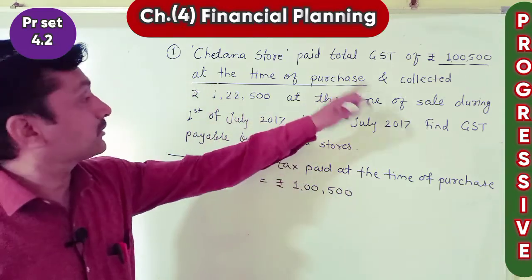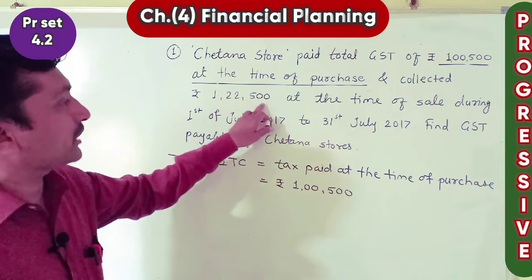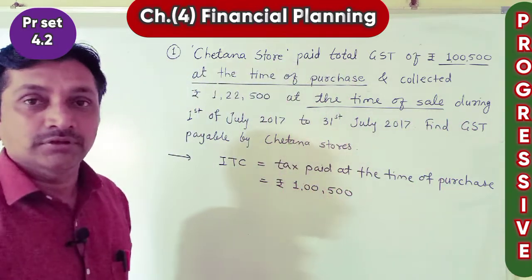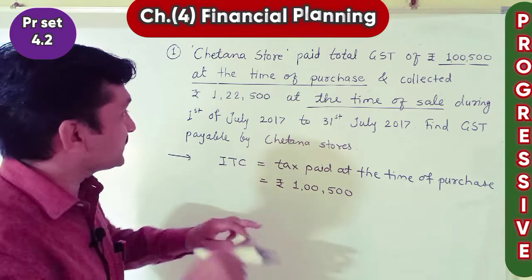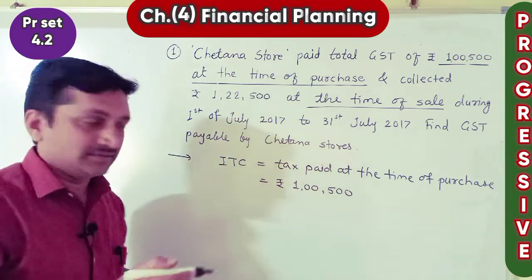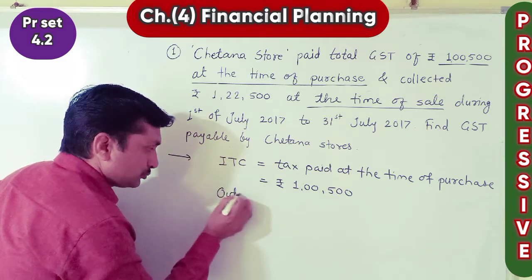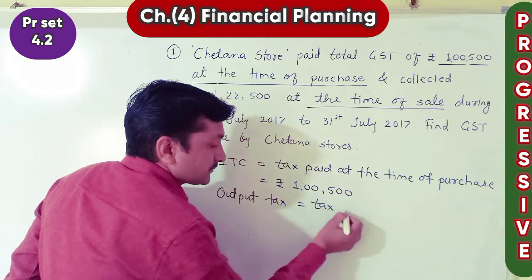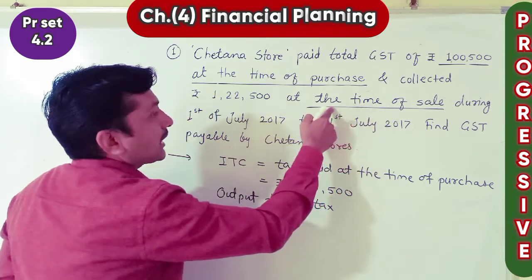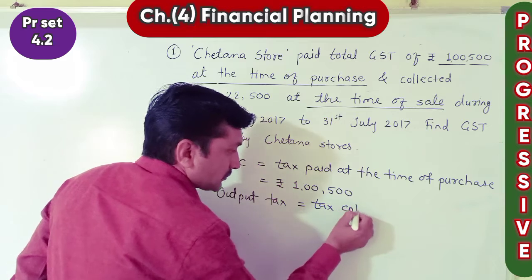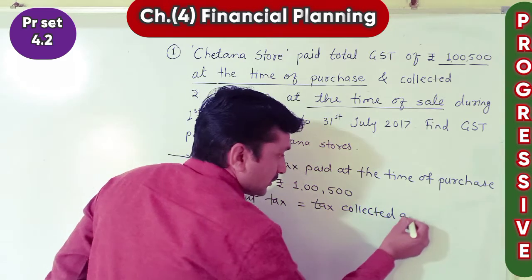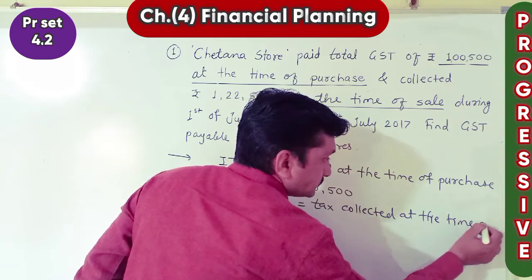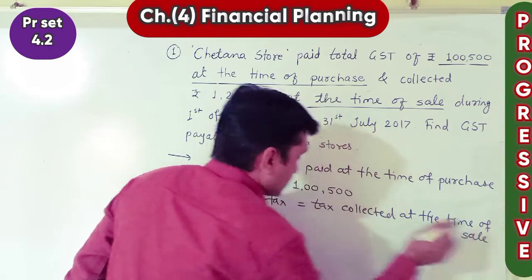After that, he collected rupees 1,22,500 at the time of sale. Tax collected at the time of sale is called output tax.